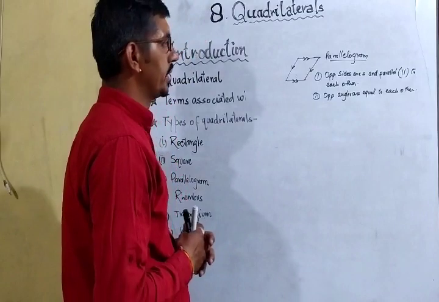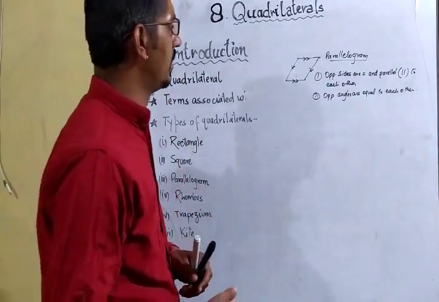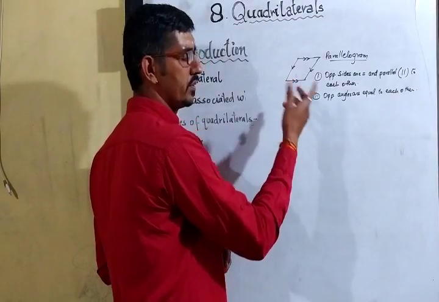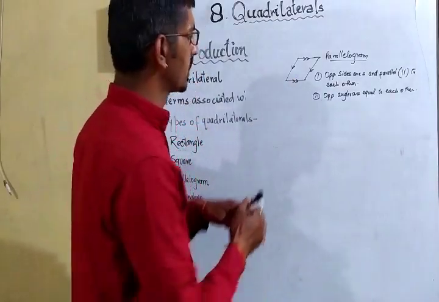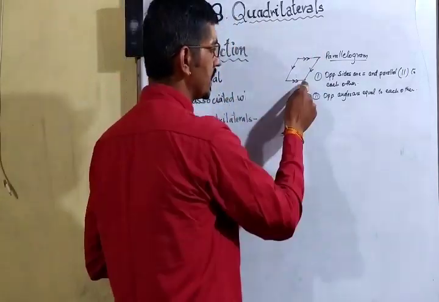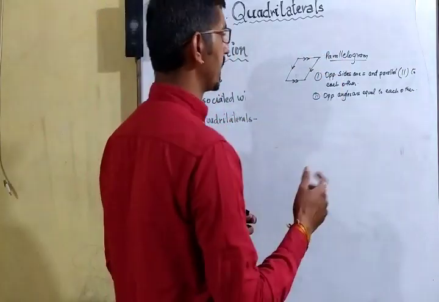Okay, and so many properties are there. That means the sum of this angle and this angle must be of 180 degree. Why? Because the lines are parallel to each other. This is transversal. Okay, the sum of this angle and this angle must be equal to 180 degree. Again, the reason is there.